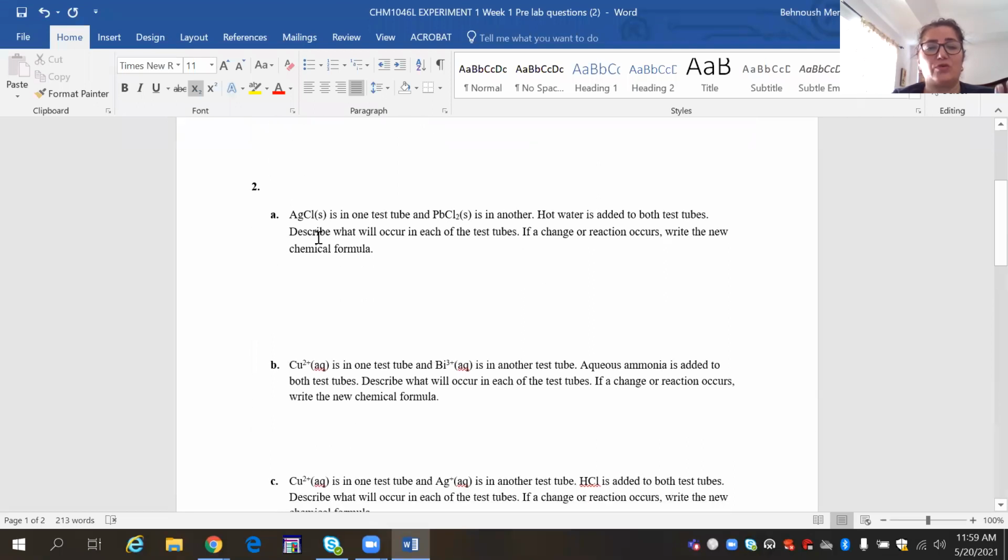In question 2, it says AgCl is in one test tube, PbCl2 is in another test tube, hot water is added to both test tubes. Describe what will occur in each of the test tubes. Now, what's going to happen if you add hot water to the test tube that contains PbCl2? We just talked about this.